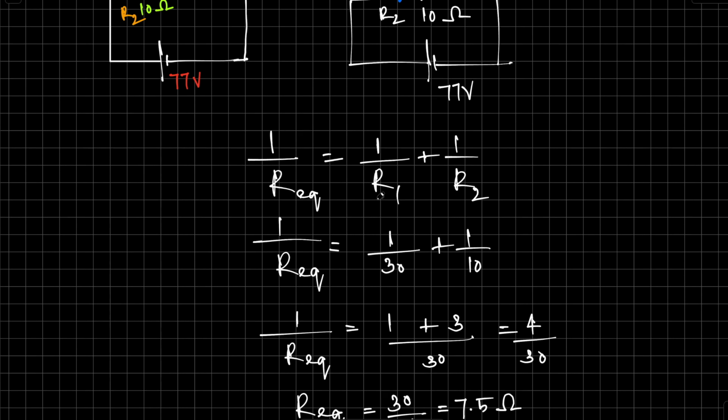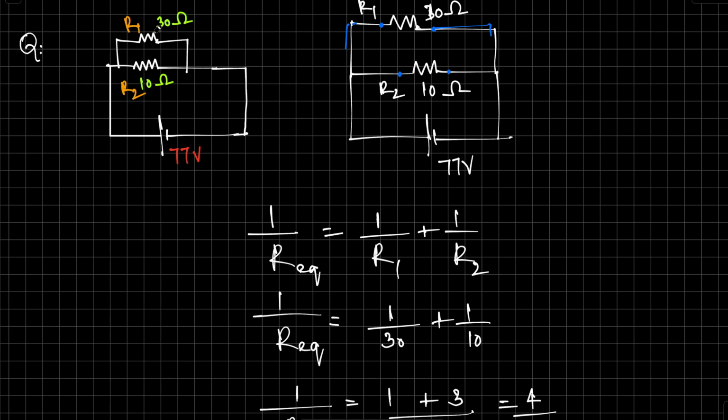Req equals 7.5 ohms. We can replace these two resistors with a single 7.5 ohm resistor. This is our new circuit. Replacing R1 and R2 with a single resistor Req, that is 7.5 ohms. And these two circuits are equal.